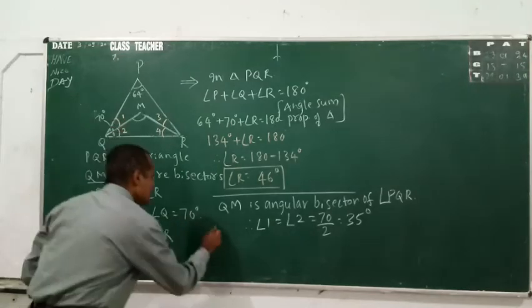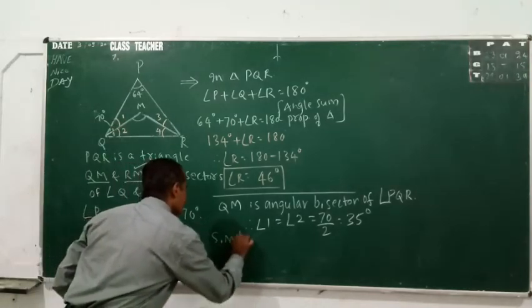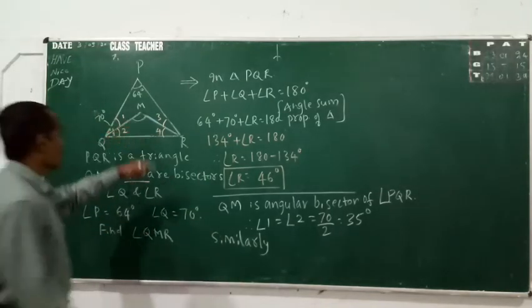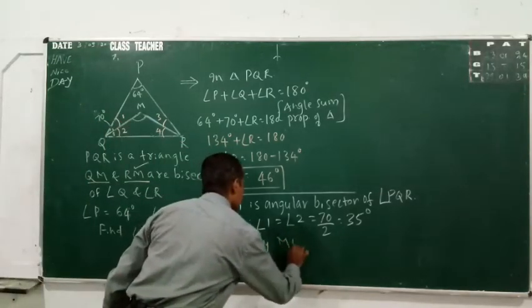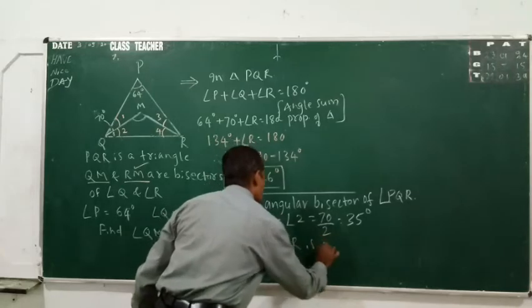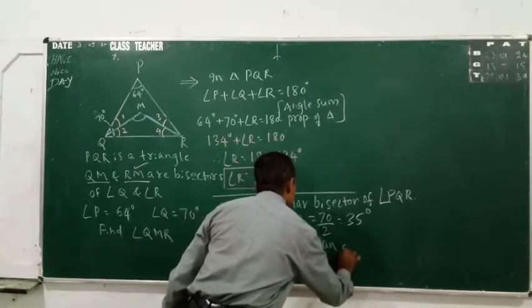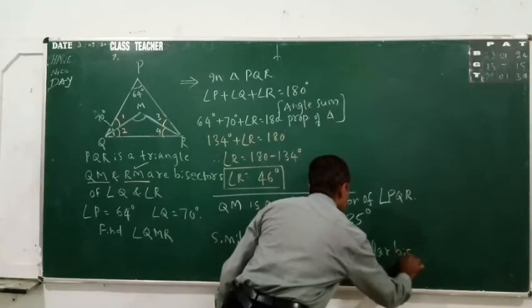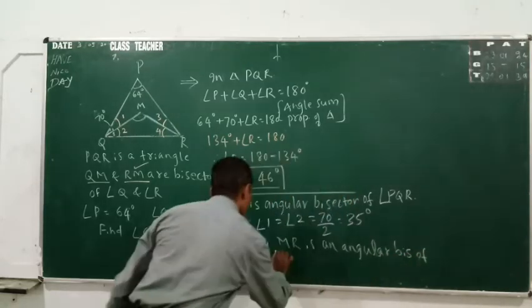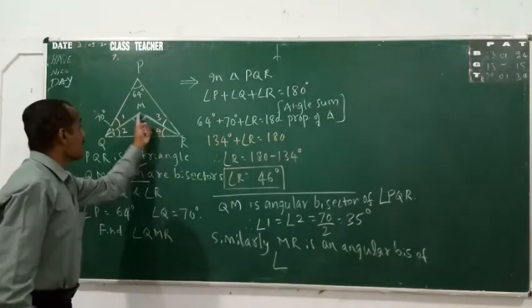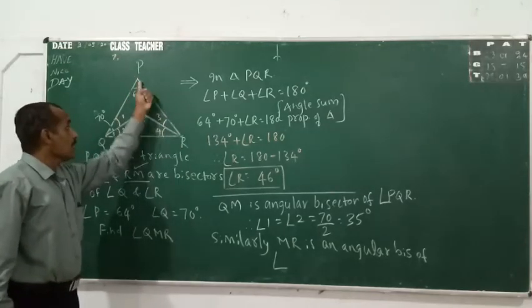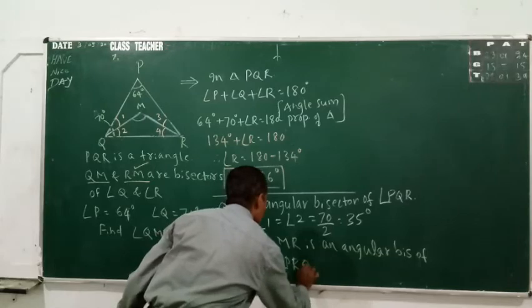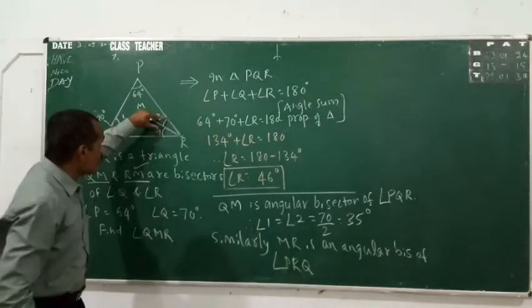I write similarly. What about MR? MR is an angular bisector of which angle? This is the bisector of angle PRQ. That means these two angles are equal.